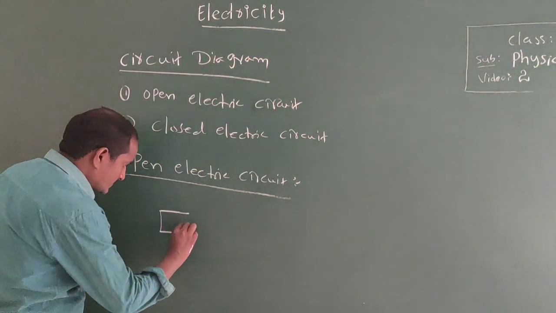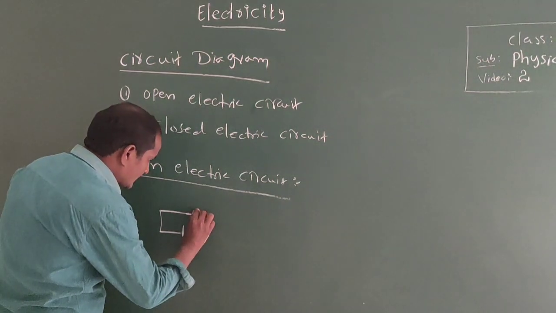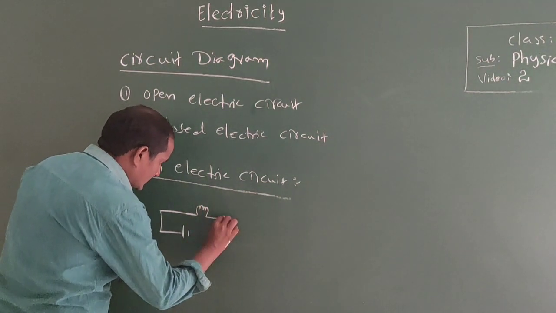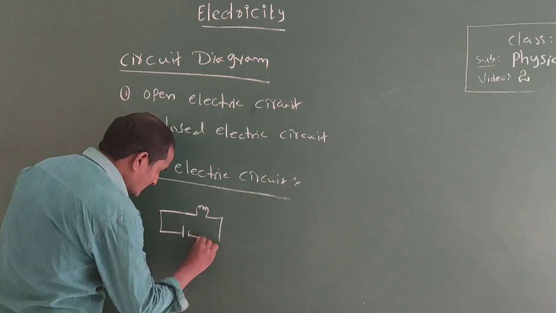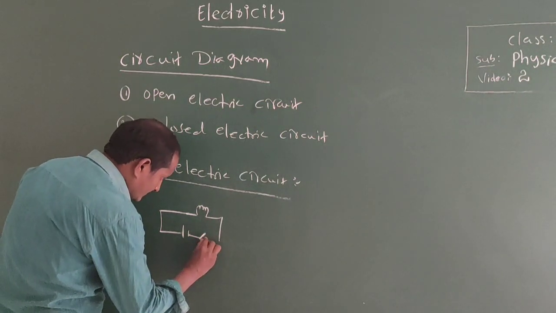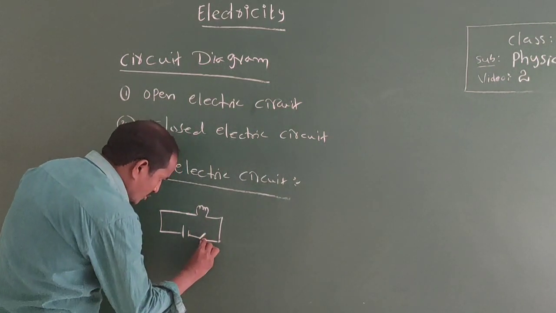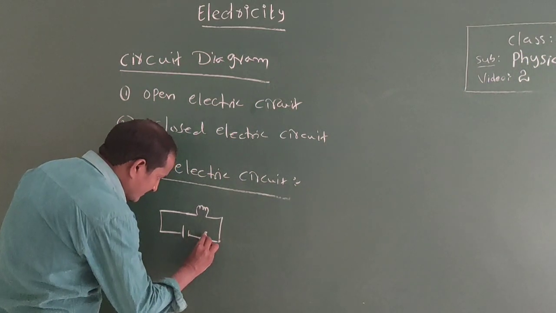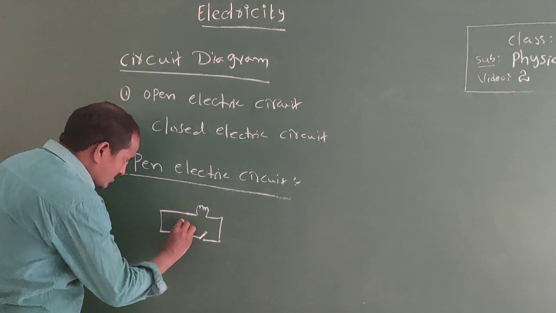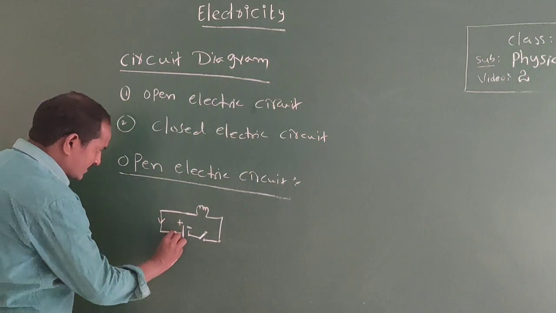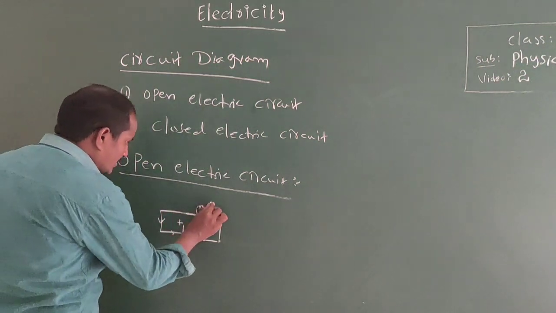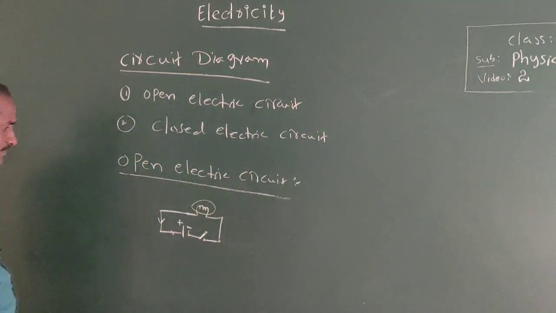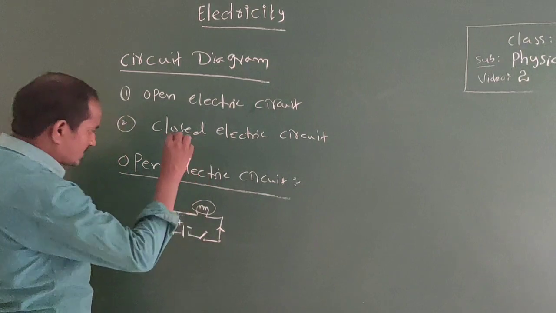It is a cell, and this is a bulb. Here the switch is open. There is no connection between the positive and negative terminal. Okay, it is called an open electric circuit.